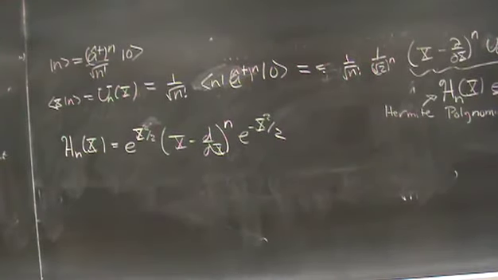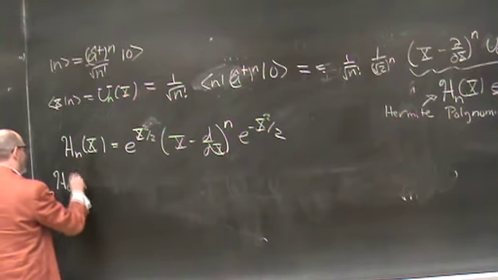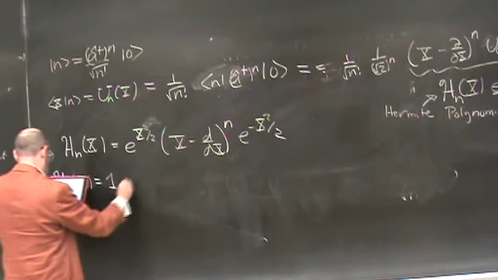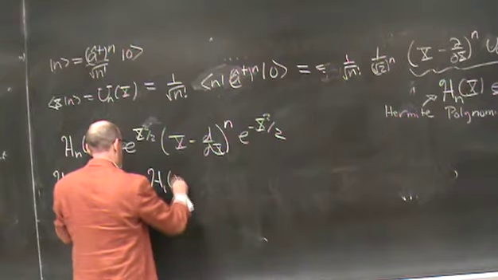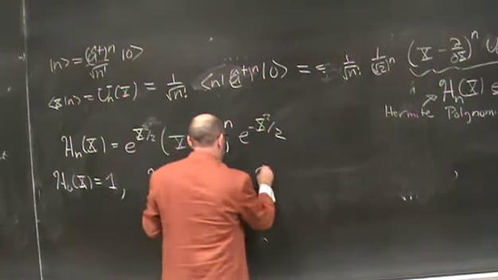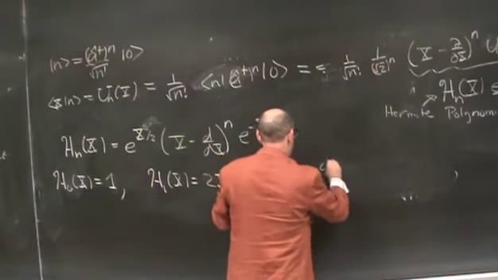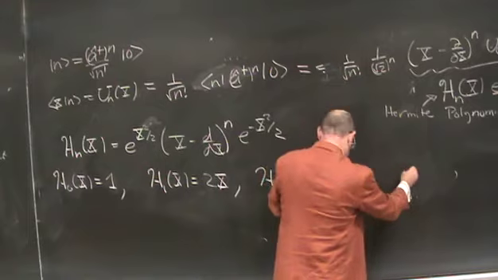Okay. So here are some of the Hermite polynomials. H0 is 1. H1 is linear. H2 is quadratic, etc.